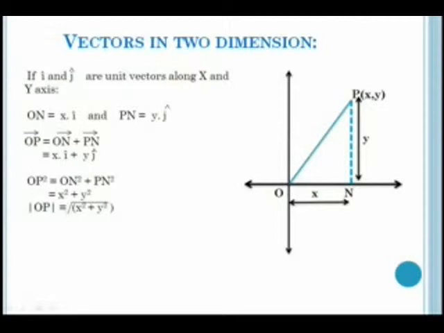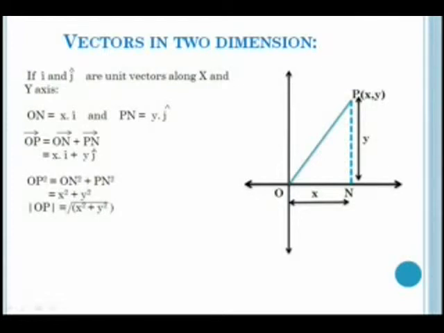We have applied the same concept as we did for the x-axis. Thus the vector ON could be x times i cap, and this vector could be y times j cap. Now we know that this vector plus this vector is equal to the vector OP, and hence the vector OP could be written as x times i cap plus y times j cap. We have simply added these two.